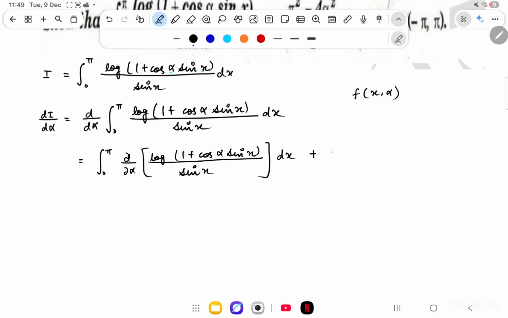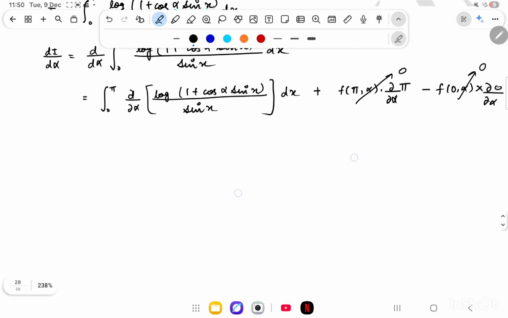So the next term will be, we need to plug in the values of x, so it will be f(pi, alpha) and differentiation of pi with respect to alpha, minus f(0, alpha) and differentiation of 0 with respect to alpha. Now since pi and 0 are constant, their differentiation with respect to alpha will be 0. So this term reduces to 0 and this also turns to 0.